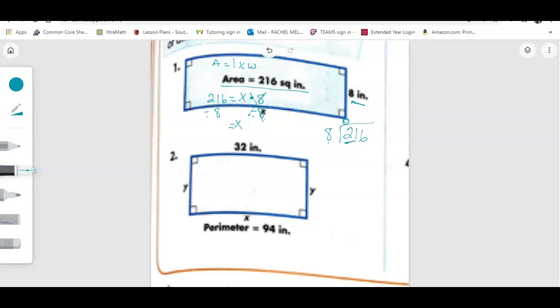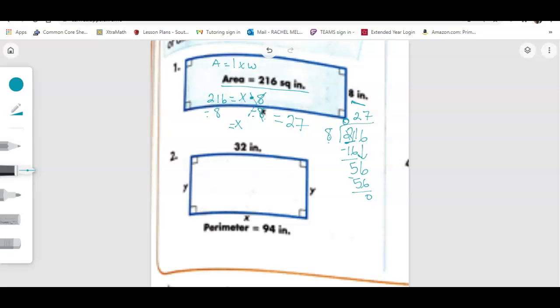Now I'm on 21. I know 8 can go into 21 2 times, because 2 times 8 is 16. I have 5 left, and I bring down my 6. I know 8 can go into 56 7 times, because 7 times 8 is 56. So this missing piece of x is 27 inches.